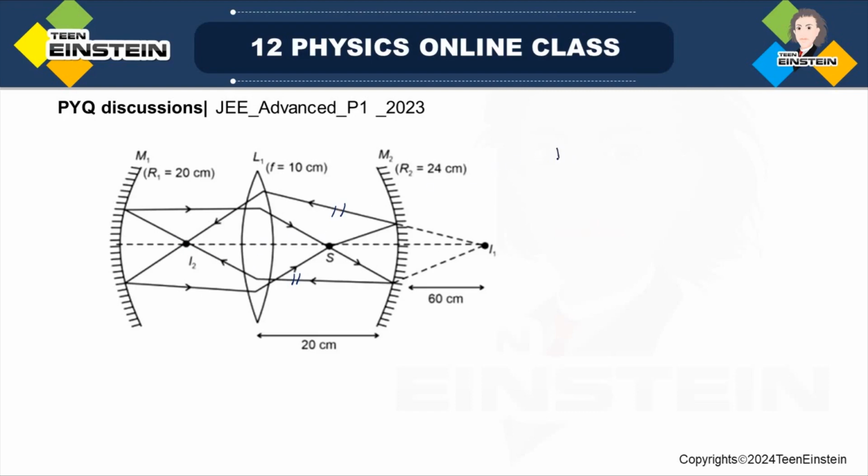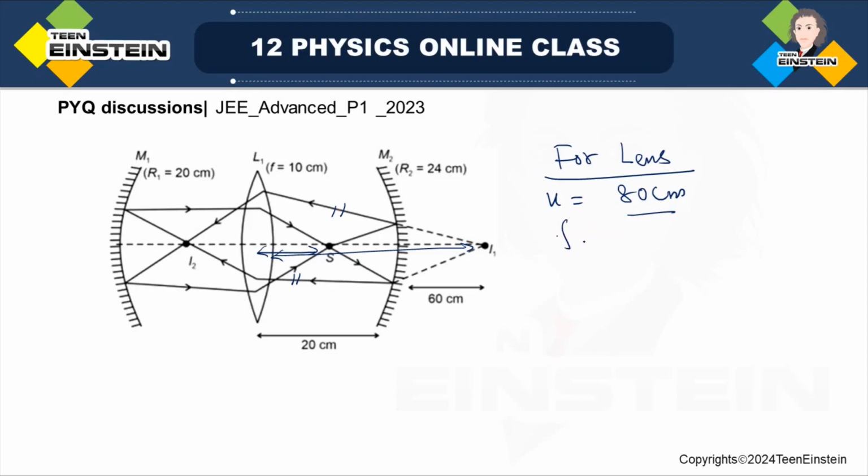Okay, so for the lens we get U is equal to 80 centimeter. See, I take the direction of rays in this way, and I am just measuring the distance in this way. So this U I can take as positive. But the focal length I have measured from here, right?